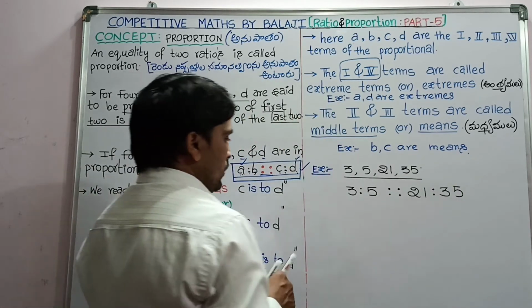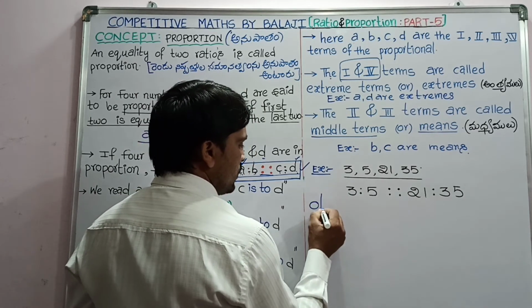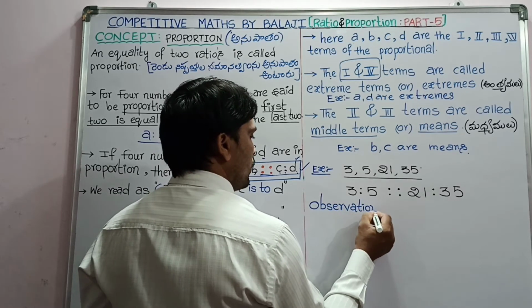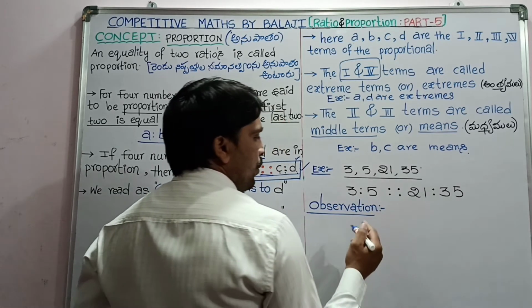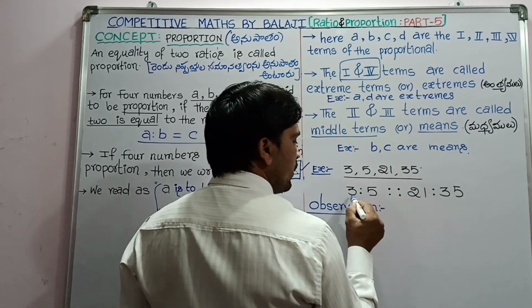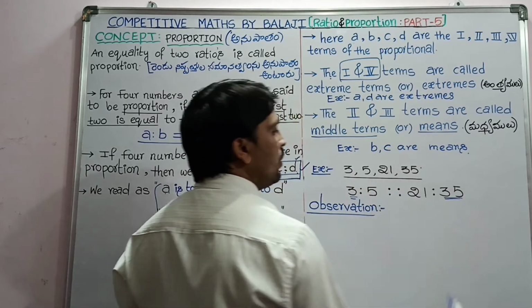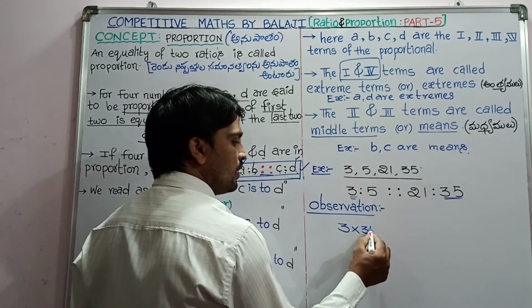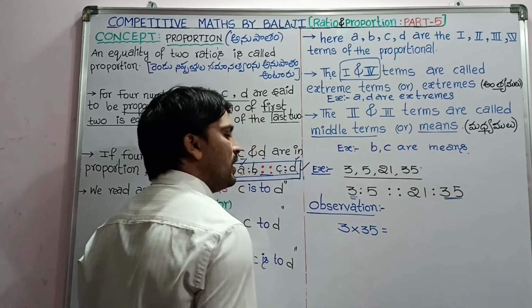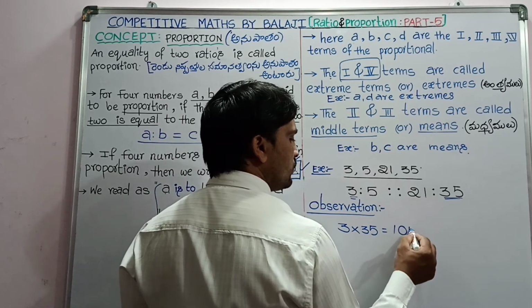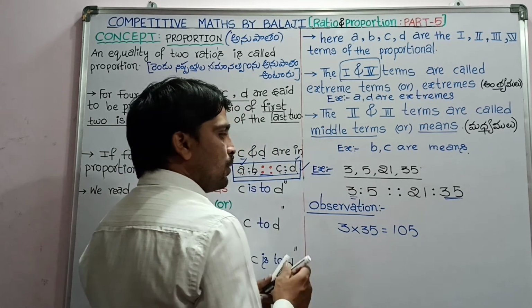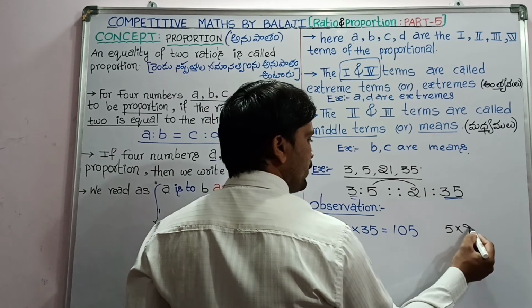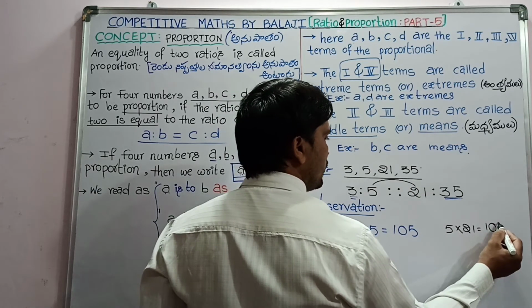But the small observation is that in these 4 terms, the first and fourth terms are called extremes. Consider the product of extremes: 3 into 35, 3 35s are 105. Now consider the product of means or middle terms: 5 into 21 is also 105.